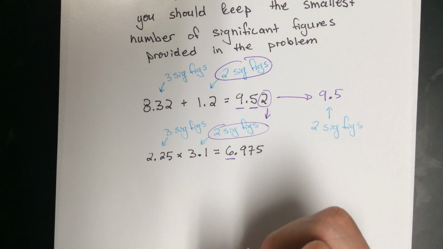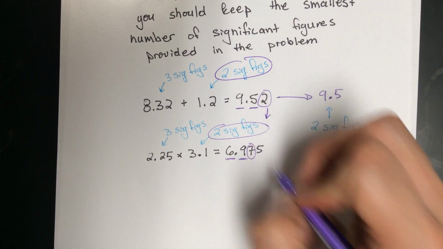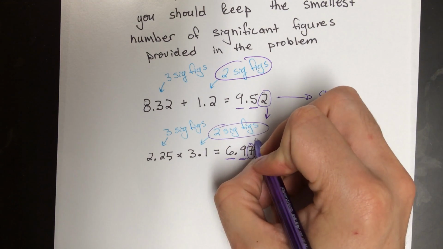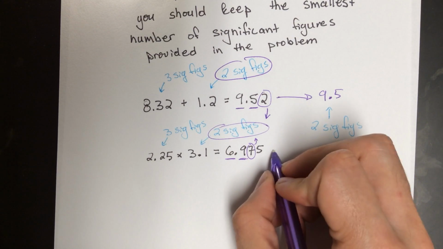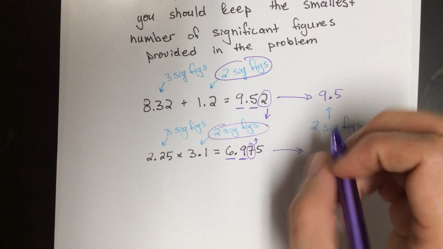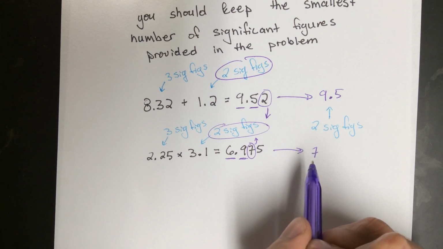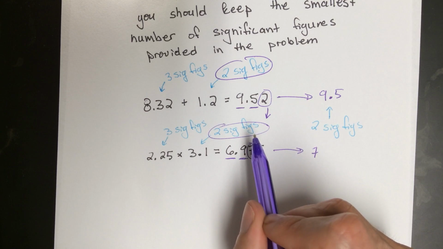So I'm going to get to keep my 6, and I'm going to get to keep my 9, and then I'm going to look at the 7 to decide whether I round up or down. 7 says to round up. And when I round 6.9 up, that would round up to 7. Now I can't just report 7, because I'm supposed to have 2 significant figures in my answer.